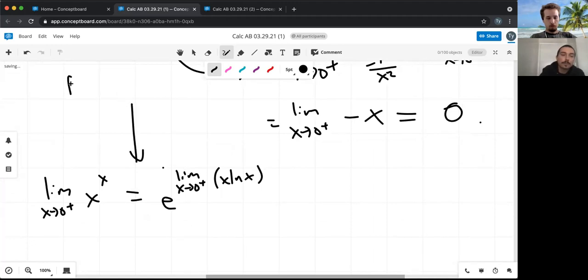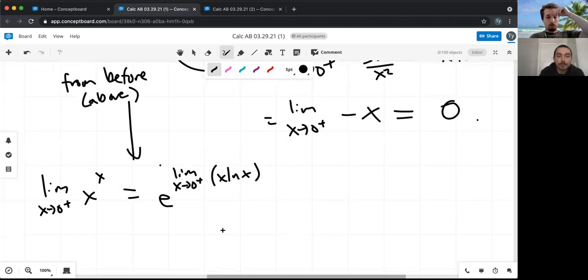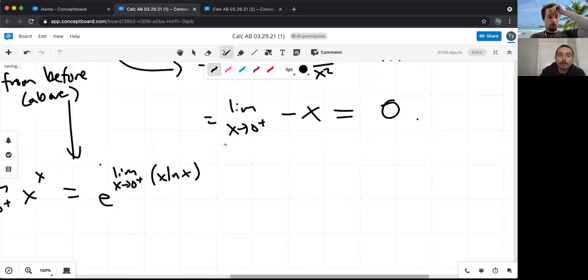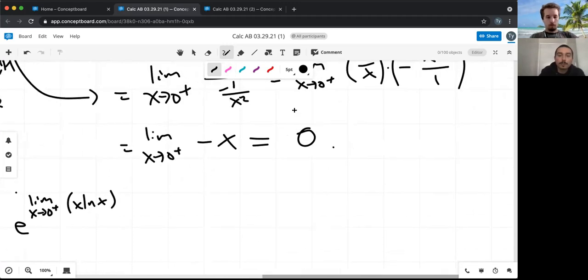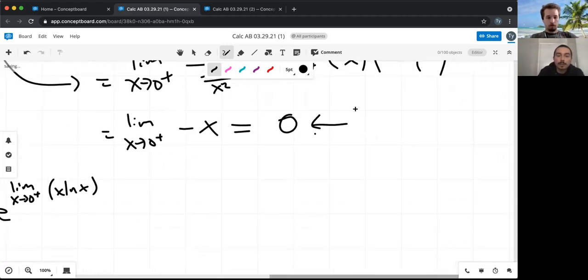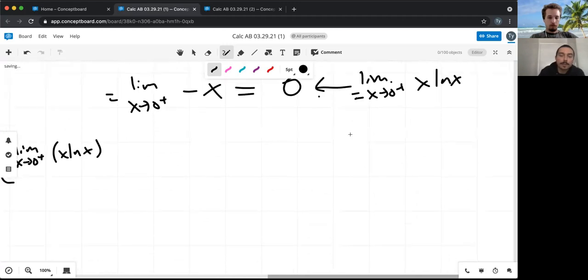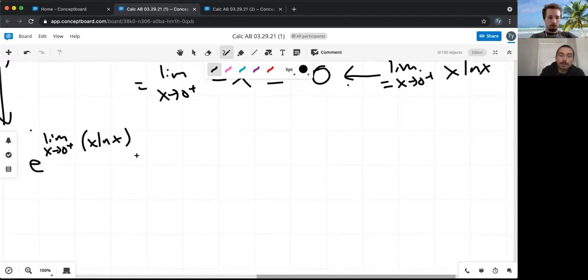So this is from before, that's what we just talked about. From L'Hopital's rule, this bit, like I said, is equal to this limit, x times natural log of x, which is just the part in the exponent.